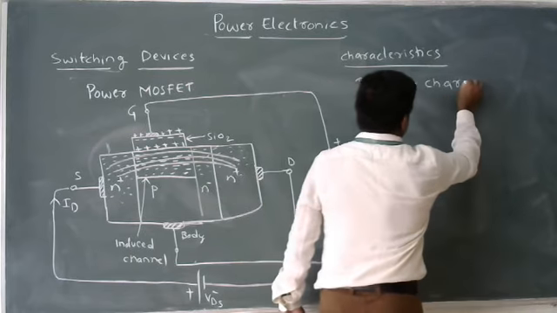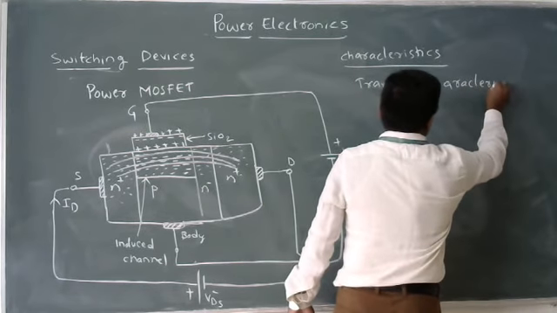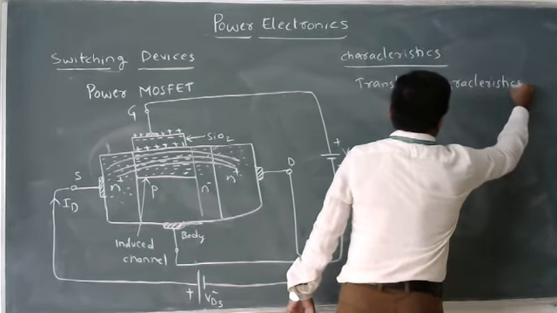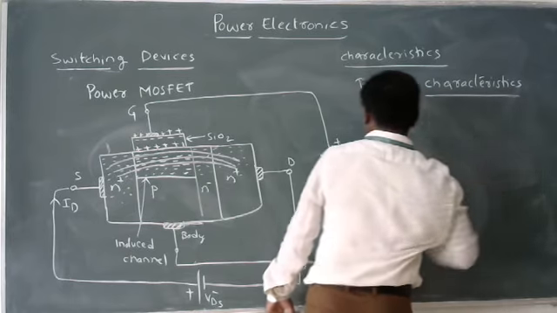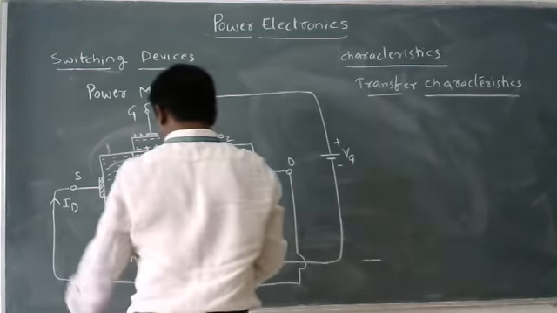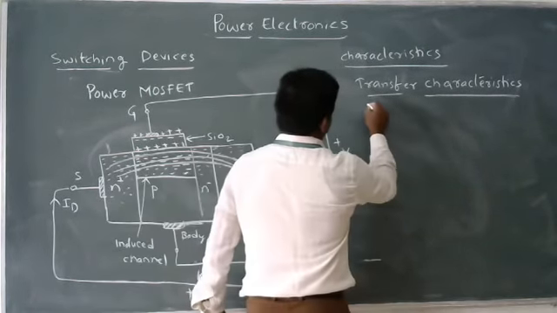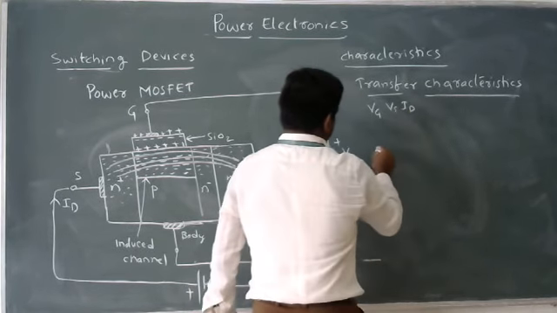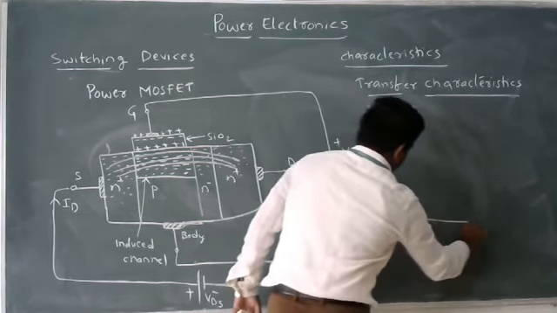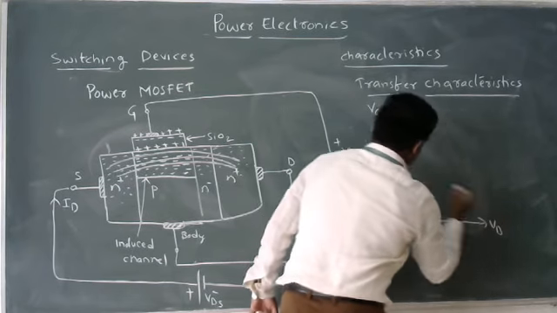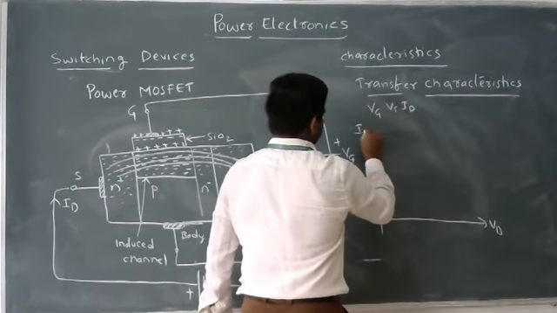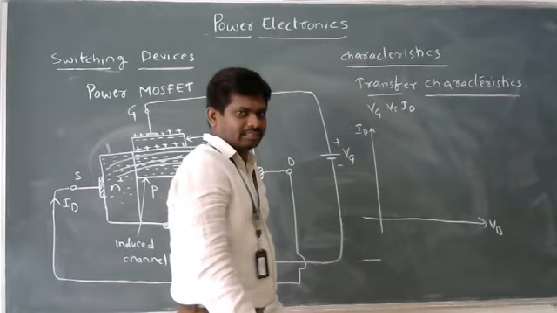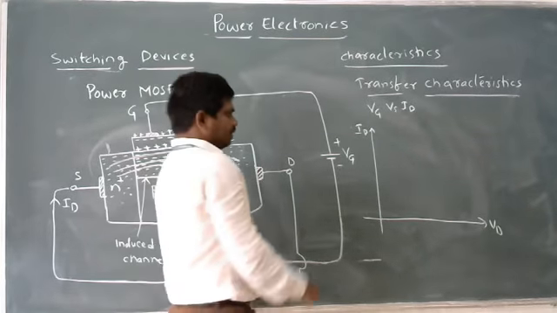Transfer characteristics are drawn between VG versus ID. This is VG, this is ID. X axis is VG, Y axis is ID.